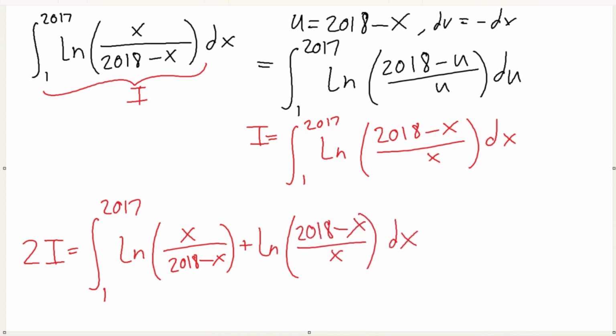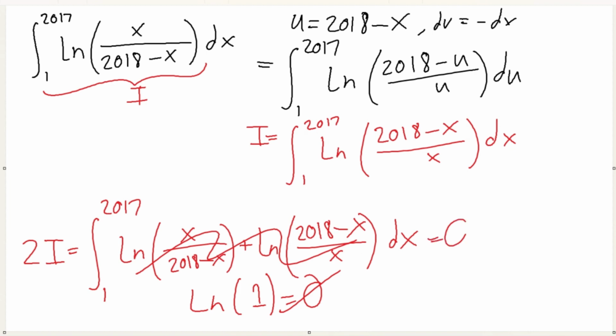And what does this equal? By logarithm rules, we can combine these and they just equal ln of 1, right? And ln of 1 is equal to 0, therefore this is equal to 0. If 2I is equal to 0, then this whole integral is equal to what? 0. And that's just our answer.